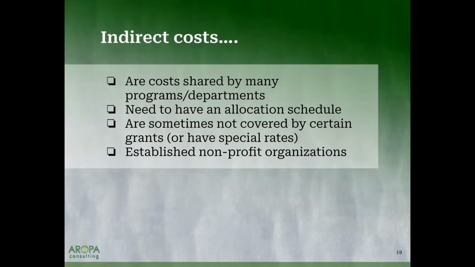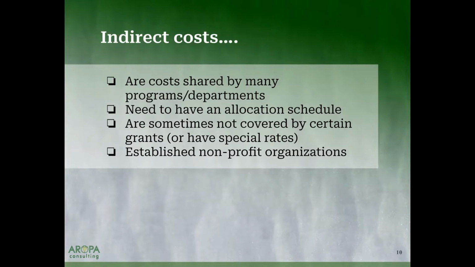designation or structure. So like I said, indirect costs, they are shared by multiple departments or programs. Say you have a printer, everybody uses the printer. That's again a shared cost, the cost of toner, everything. You need to have a schedule. So a schedule in accounting terms is usually just a table or some way that you are designating how you calculated that percentage.